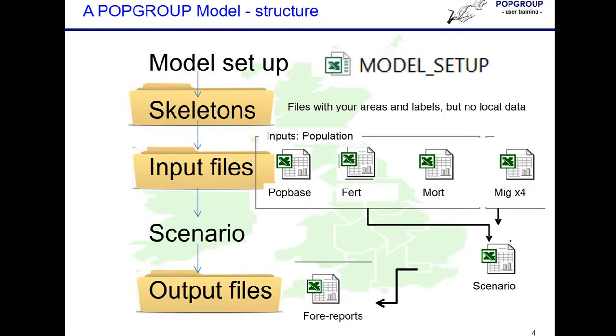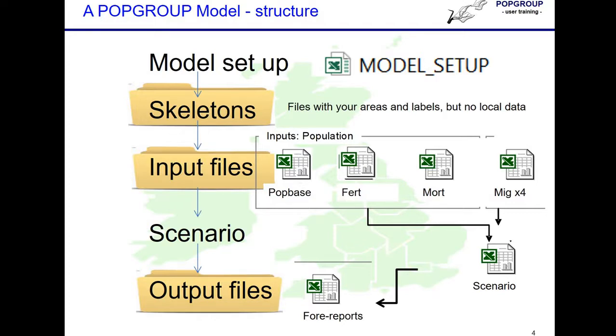The other file that you will have within your input files is a scenario file. This tells POPGROUP which of the input files to include in the projection. You may include in one projection the pop base file, which must be there as a base to your population, and the files on fertility and mortality, but you might choose to include just the migration files on migration to and from the UK.